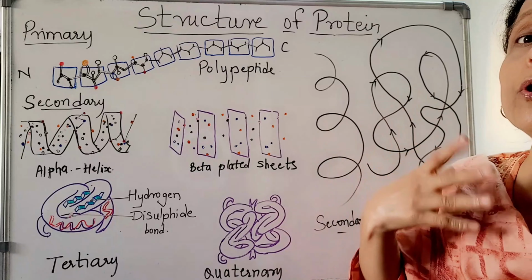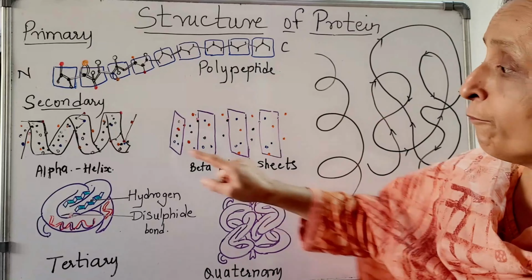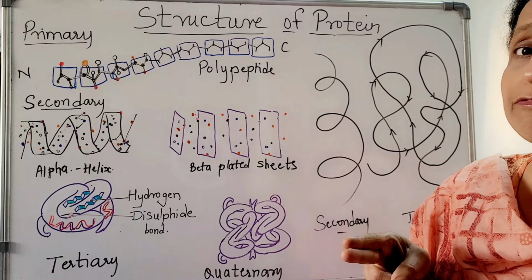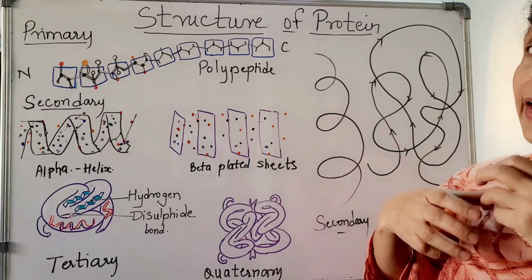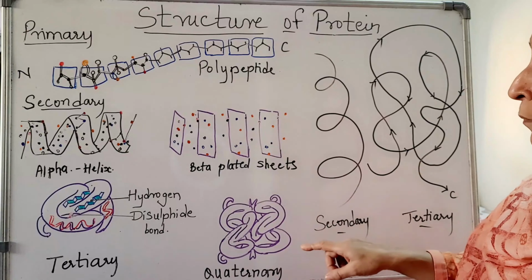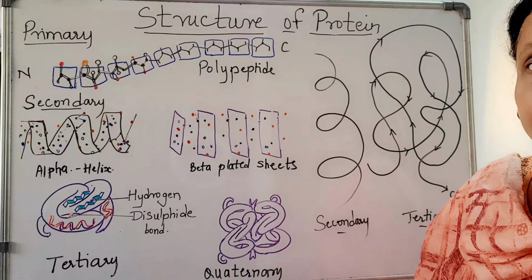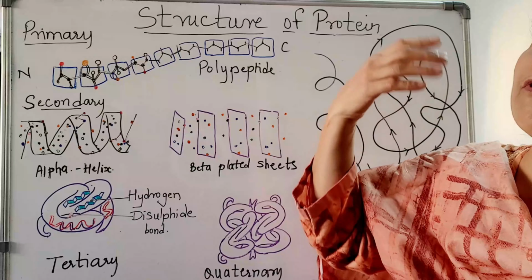Now, human hemoglobin is formed from alpha and beta: two alpha and two beta, four chains, which entangle with each other to form the quaternary structure. So they are able to perform complex functions.